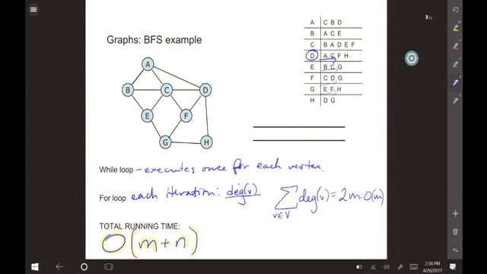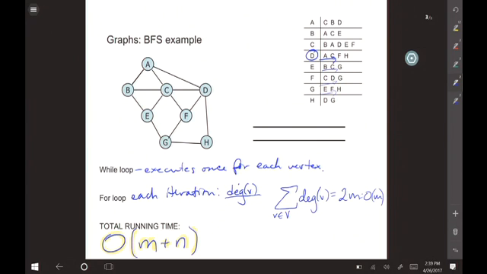So that argues for this, but I want to talk a little bit more about big O and what this means. Anytime you see an asymptotic running time with a sum in it and two different parameters, this plus should be interpreted as an OR in the following way.